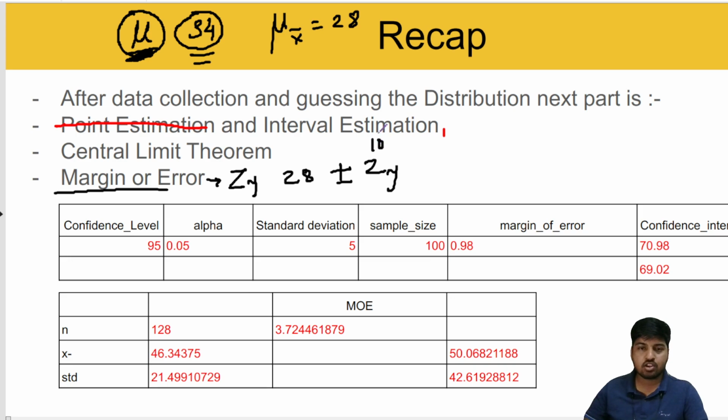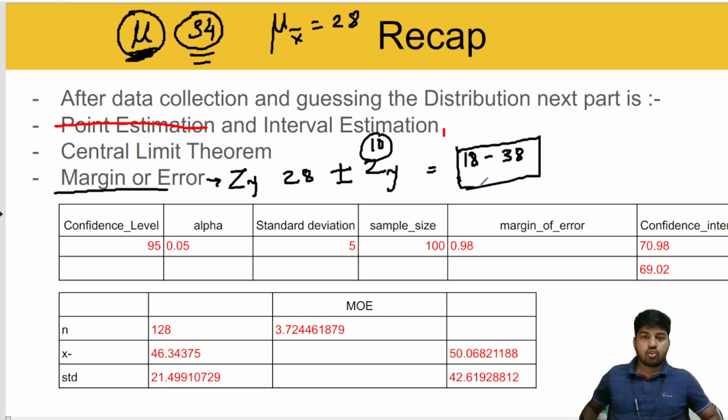Suppose our margin of error is 10, we have calculated it. So our range will become 18 to 38. This is our interval.